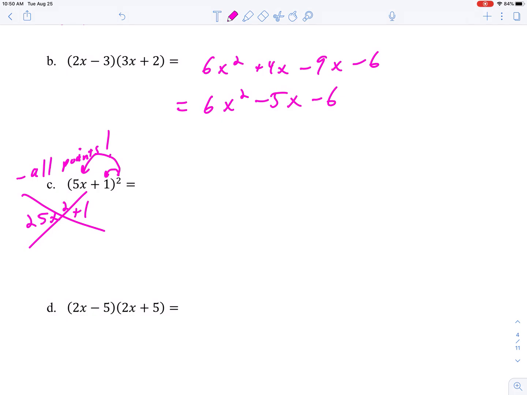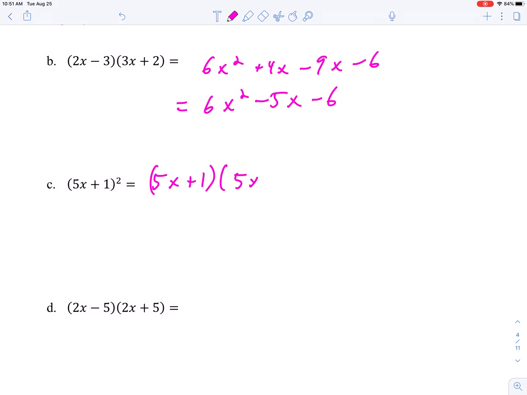Okay, don't do that to yourself. Don't lose those points. When we say parentheses squared, what we have to say is we're taking the parentheses and multiplying by itself. In other words, 5x plus 1 times itself, 5x plus 1. Okay?